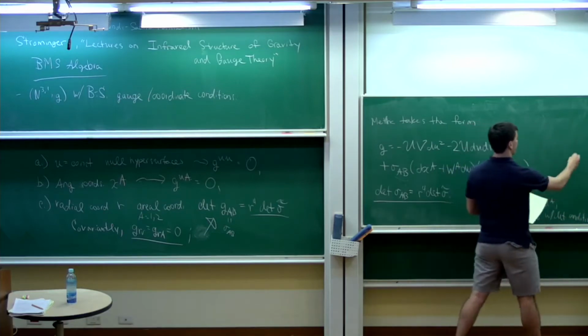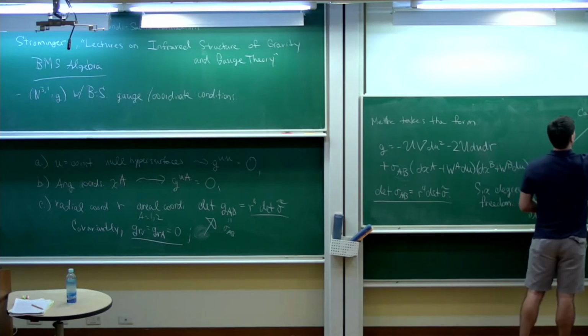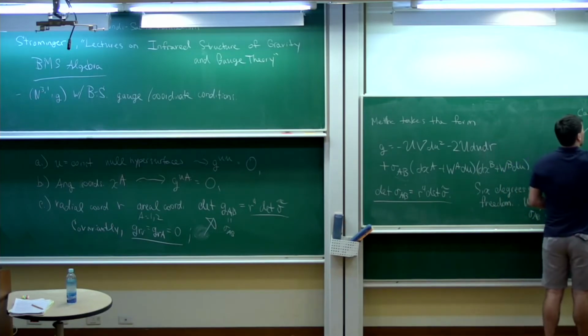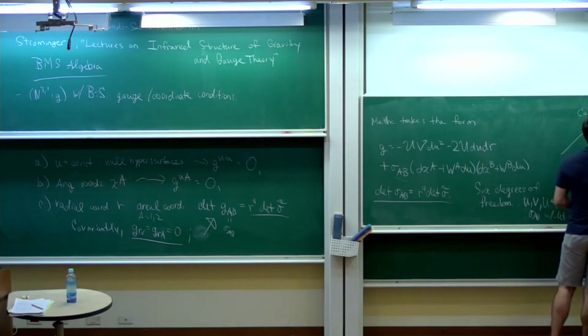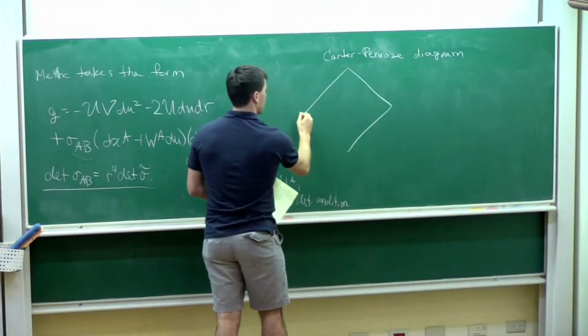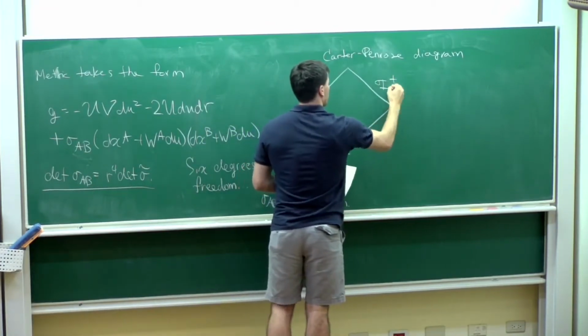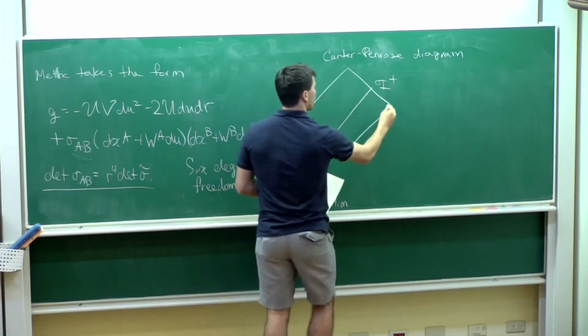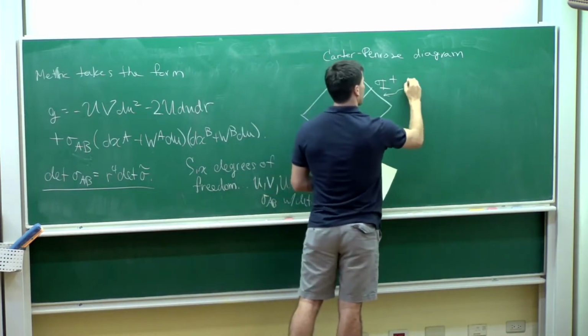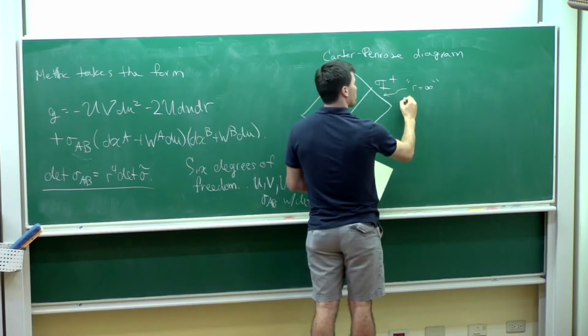And from our perspective, we can draw some Carter-Penrose diagram of the space-time after performing one of these conformal compactifications that Yekai has told us about. We have our scri plus, and it's thought of as r equal to infinity. And it's where we are the observers.